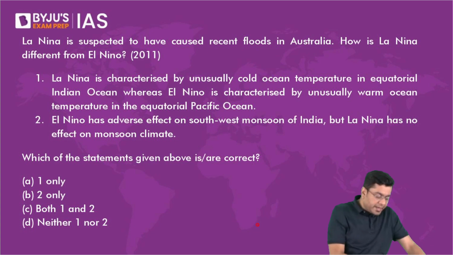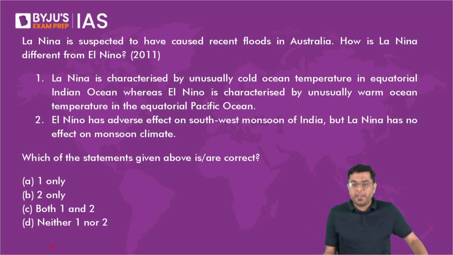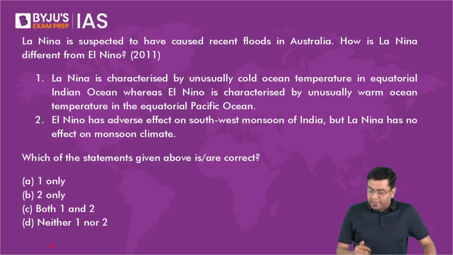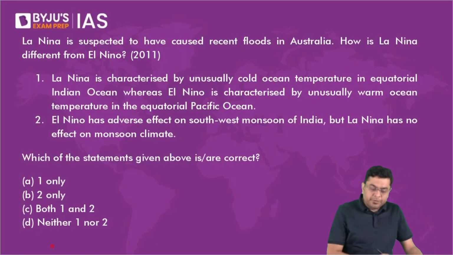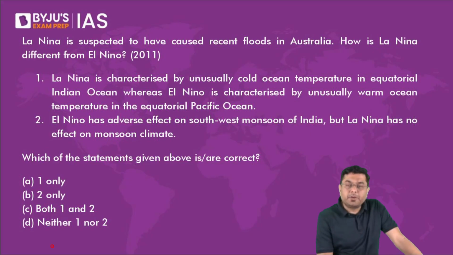So let us take a look at the question. I'm sure if you read this question carefully, you will be able to solve it as well. La Nina is suspected to have caused recent floods in Australia. How is La Nina different from El Nino?